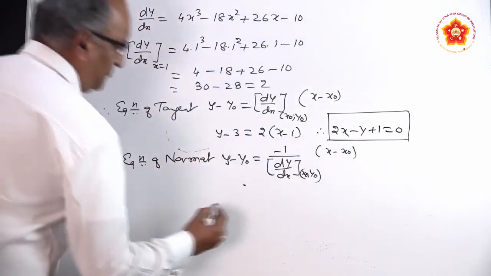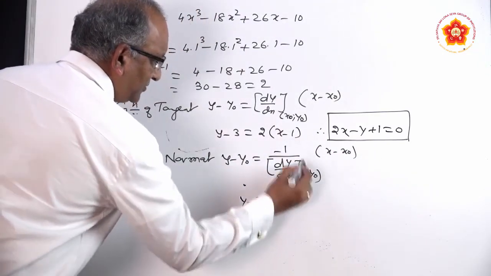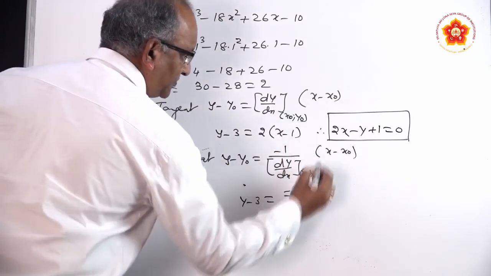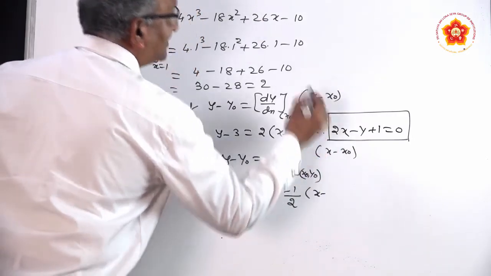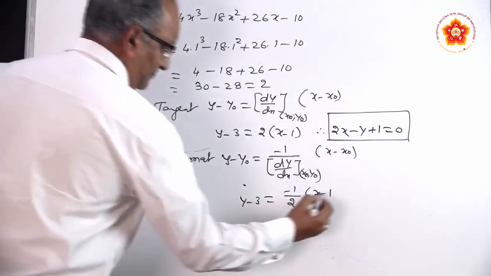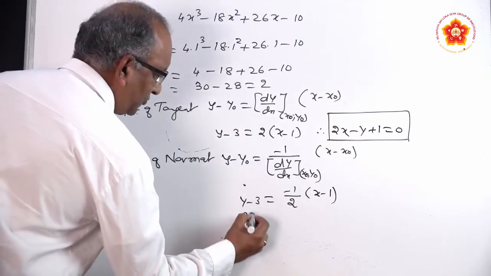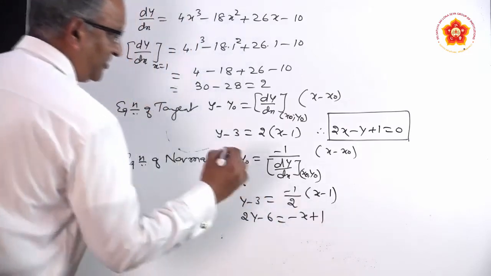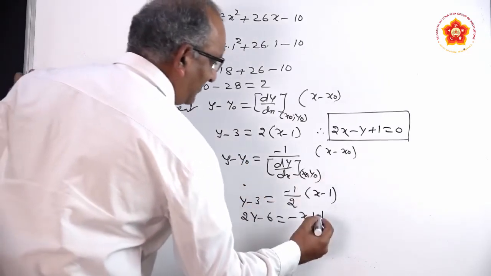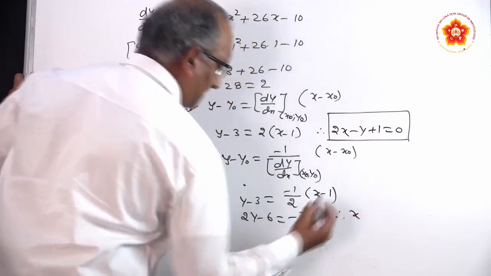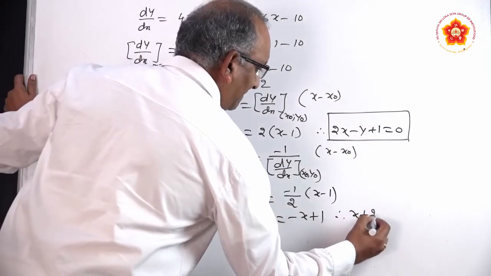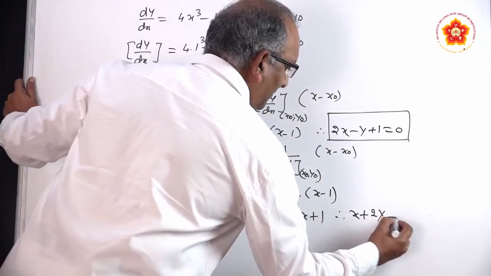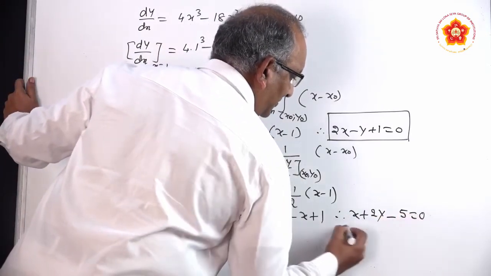So, substitute the same way, y minus 3 equal to this value is minus 1 by 2 into x minus x0, x minus 1. Get this 2 here, you get 2y minus 6 equal to minus x plus 1. Get everything this side, you will get the second equation as x plus 2y, get that one also this side, you will get minus 5 equal to 0.